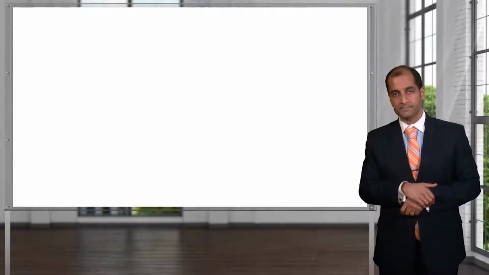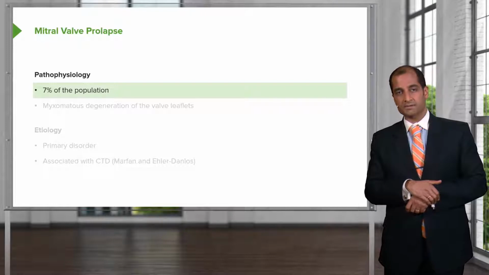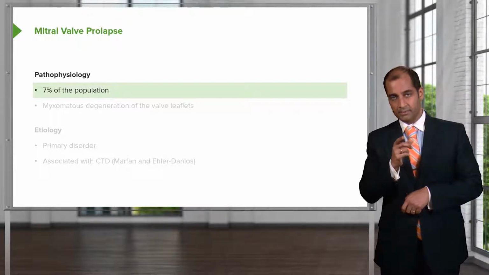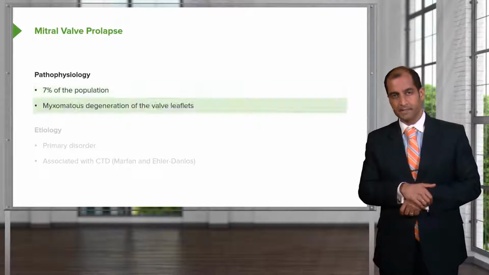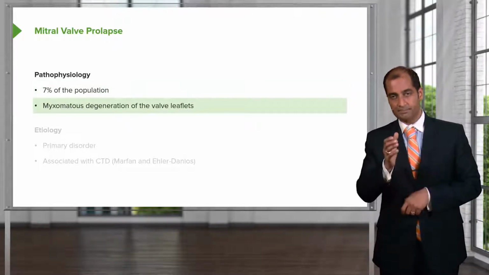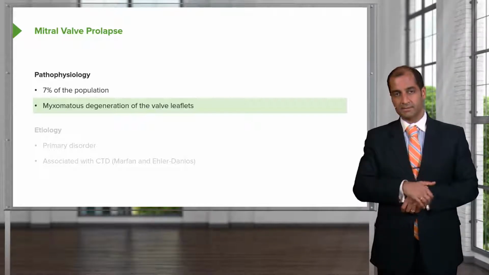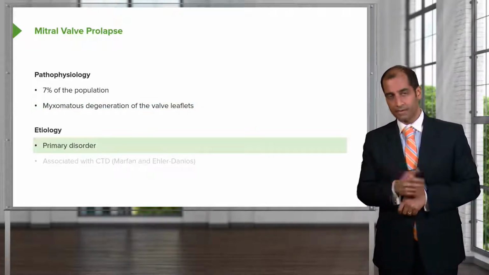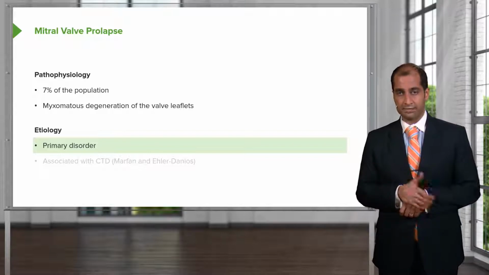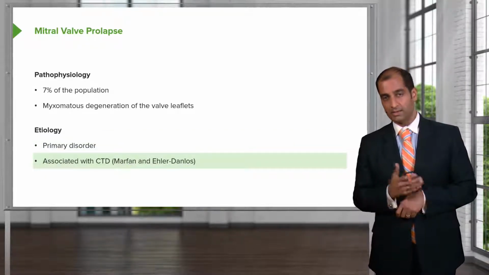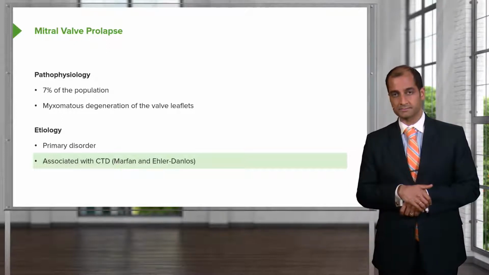Let's continue. So here we go. 7% of the population. That's quite high, MVP. Keep it separate from mitral regurg, I beg of you. Myxomatous degeneration. I showed you a picture previously with myxomatous degeneration. We have thickening of the mitral valve. Primary disorder, it could occur genetically. Associated with connective tissue disease such as Marfan, once again, Ehlers-Danlos.